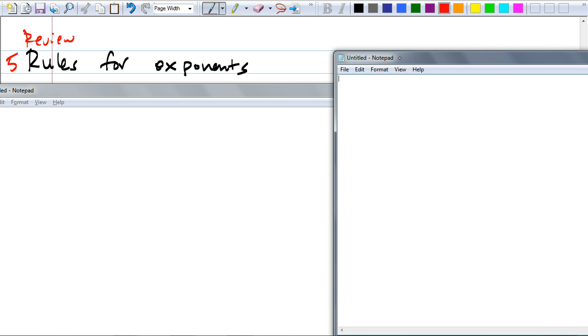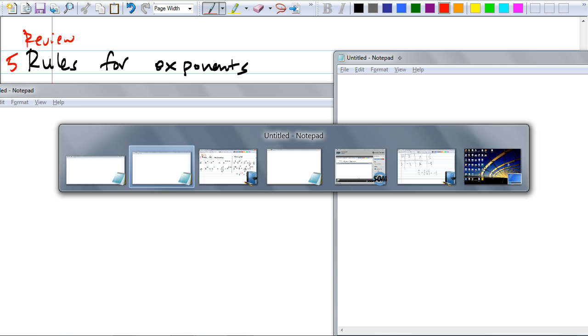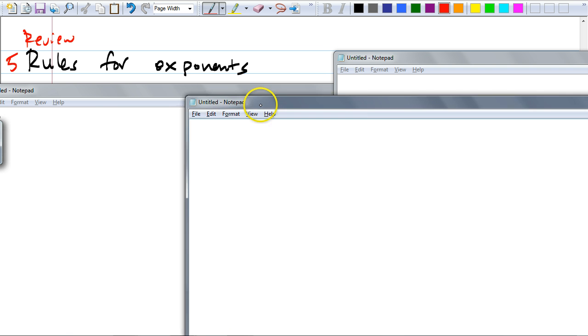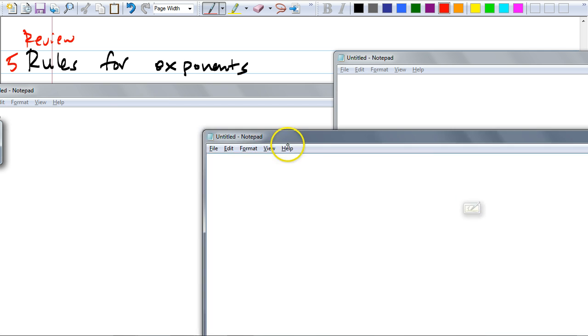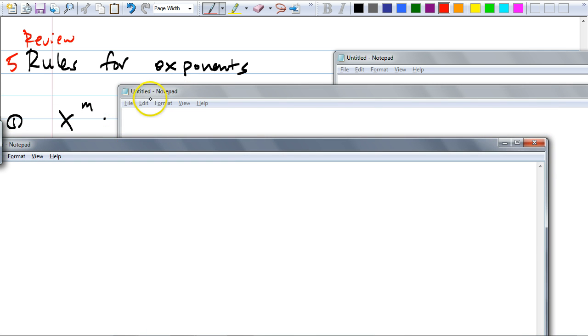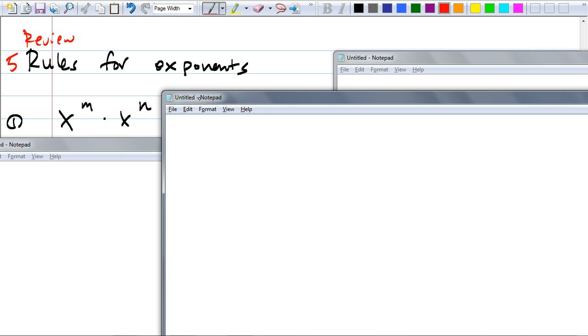Let's review some of those rules that we learned so far. We learned 5 rules for exponents. When we used these rules, we only had positive exponents. But as I said before, even if you have negative exponents, these rules still apply. It works the same way. Let's see whether we remember some of these rules. Who remembers what we do when we have x to the n power times x to the n?